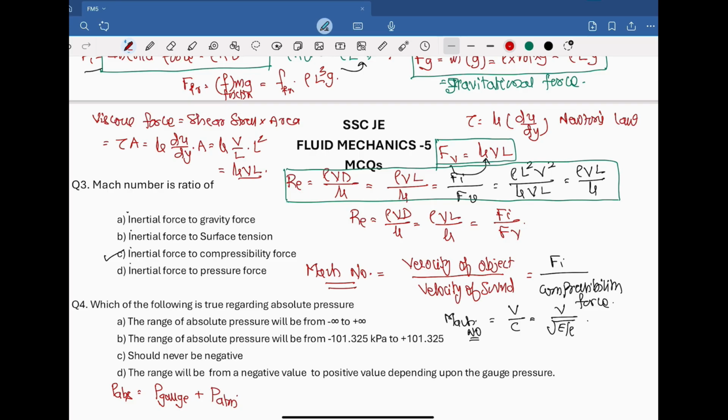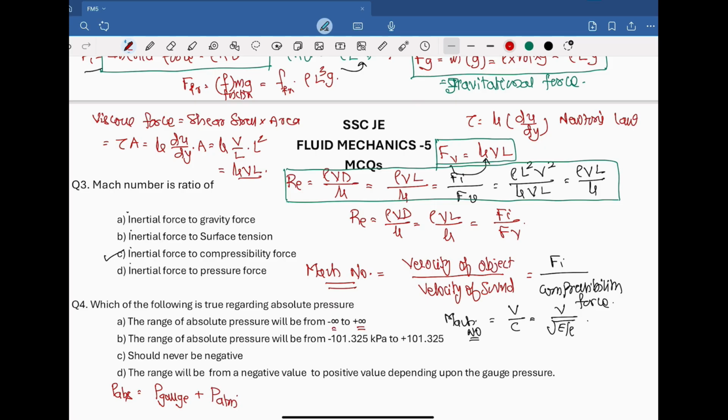If the range of absolute pressure is from minus infinity to plus infinity, just imagine, go deep into the physics. Reaching higher pressures is possible. But can we go to minus infinity pressure?